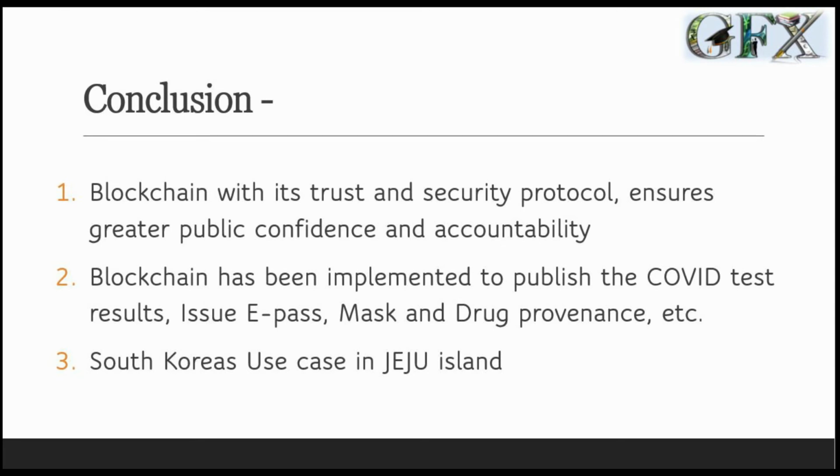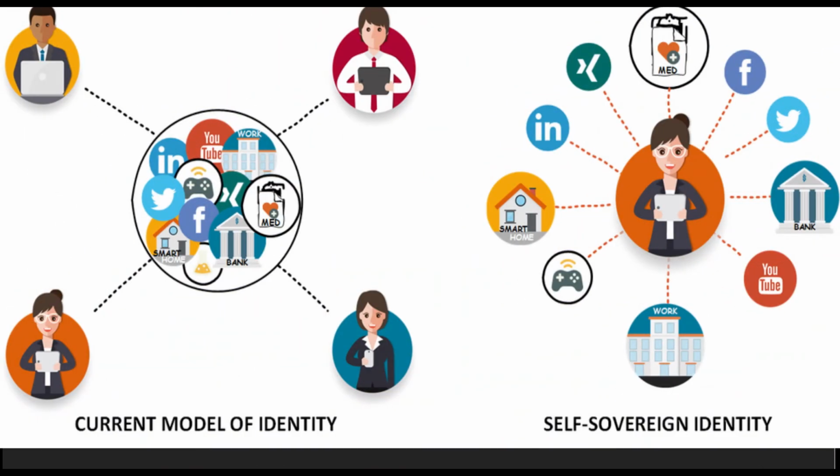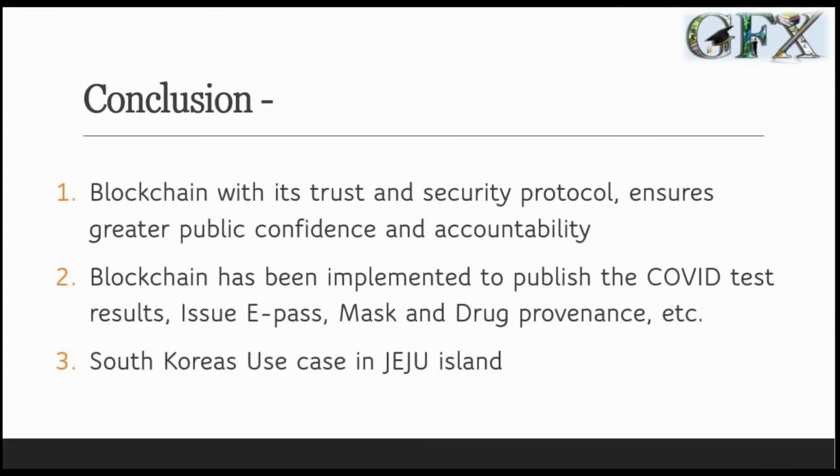Technically, we can call it as SSI, Sovereign Secure Identity, which we'll be talking about in further of our videos. And moreover, even if the data is breached, hackers will not be able to map the personal ID of the person behind these IDs. Thus, the data hacked becomes useless.